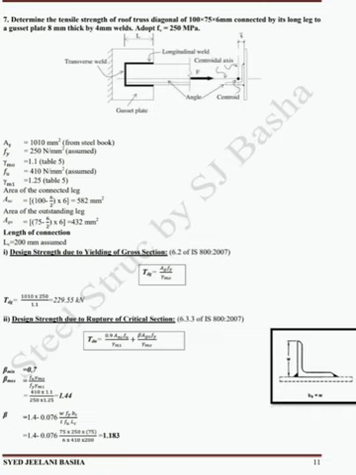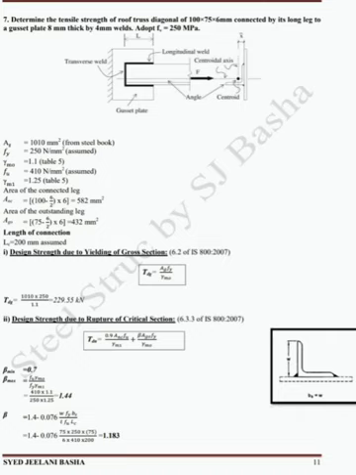Area of the connected leg, Anc, is equal to (100 minus thickness by 2) into thickness, the connected longer leg, which is equal to 582 mm². Area of outstanding leg, Ago, is equal to (75 minus thickness by 2) into thickness, which gives 432 mm². Now assume the length of the connection Lc is equal to 200.